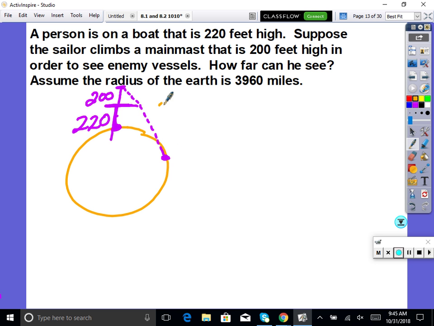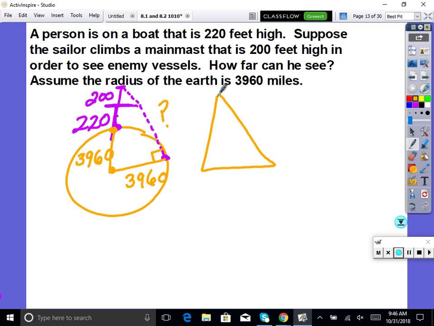It says, how far can he see out? So we want to know this. And then it says, assume the radius of the earth is 3,960. So you draw that over, 3,960. The 90 degrees is always here, like I said last time. From here to here is 3,960. So now we literally have this right triangle. Here's the question mark.